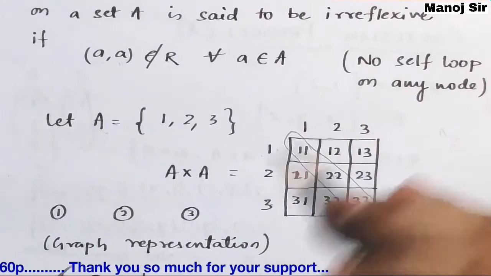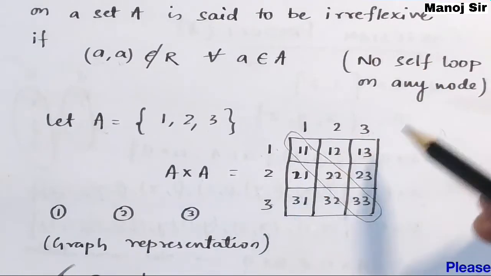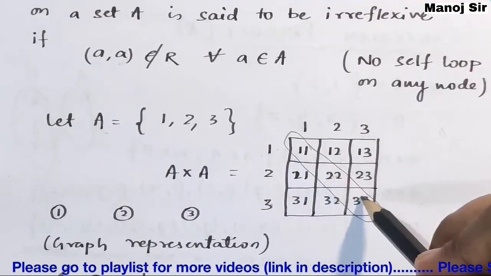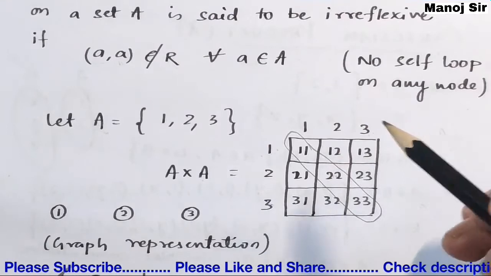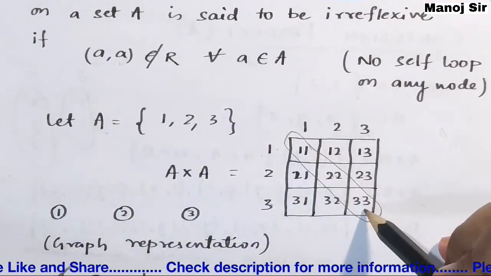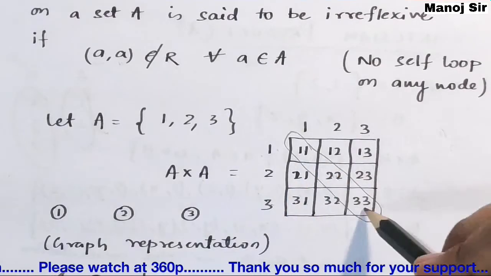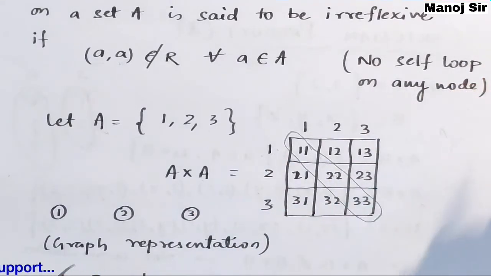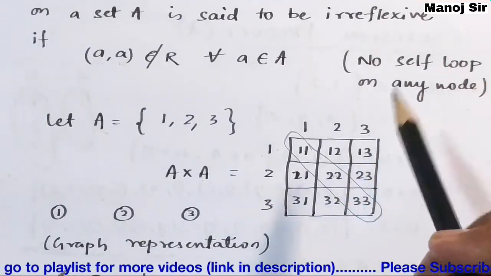Or you can say, any relation that does not contain any of these reflexive pairs is said to be an irreflexive relation. Clear? But if any relation contains any of these reflexive pairs, then that is not an irreflexive relation.